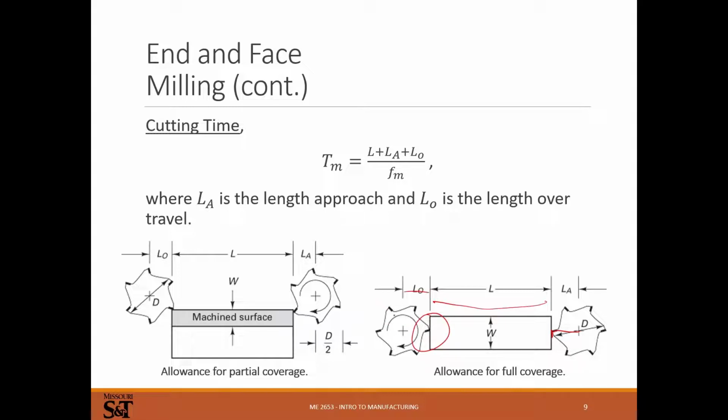To get the surface finish we need to go ahead and power this thing through, or if we have step over on it, like in this case here, we don't want to stop right there. We want to go ahead and power through all the way for another half of the diameter. So we'll add an overrun length here. Essentially it's going to be the length of cut plus the diameter of the tool, because each of these are half the diameter, so it's going to be length plus diameter.